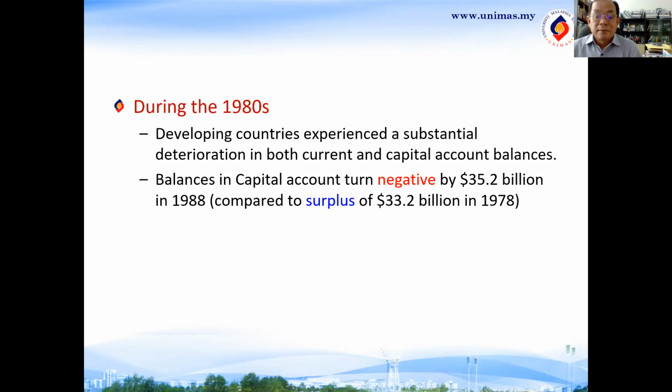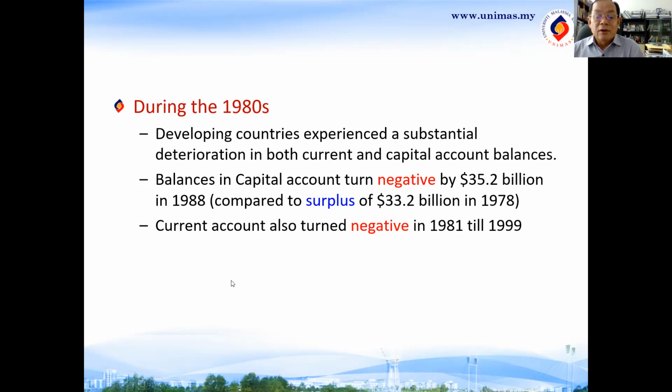Right, so a sudden turn, negative in the late 1980s. So the current account also turned negative as well, right? In 1981 to 1999. Maksudnya tidak banyak ekspor barang dan juga services because of the crisis, actually economic crisis.